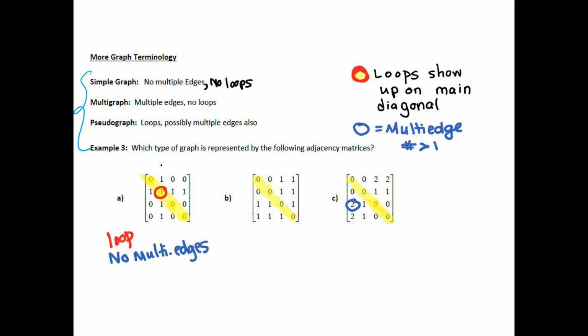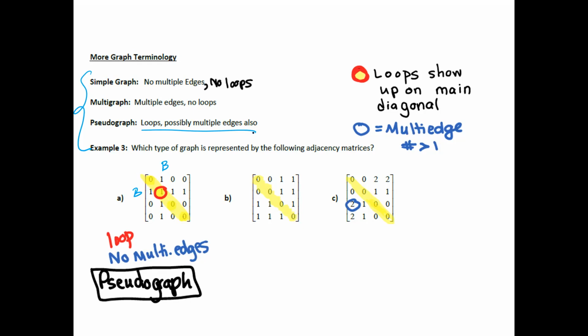Because we look at this one, if this is B, that's the same thing as B. Okay, for B, because this is a loop and no multiple edges, it is called a pseudograph. So that is your answer for this one.